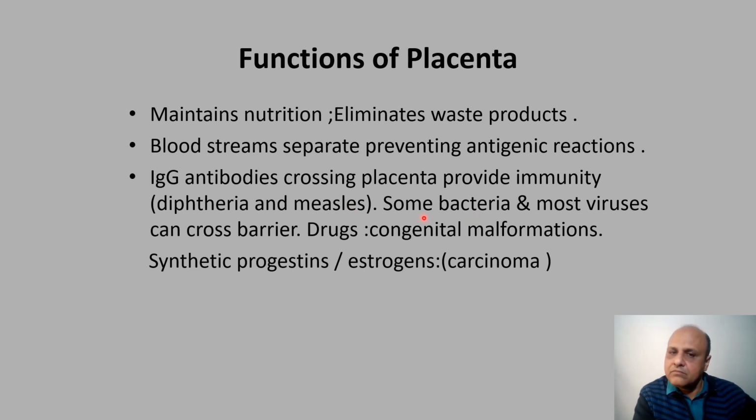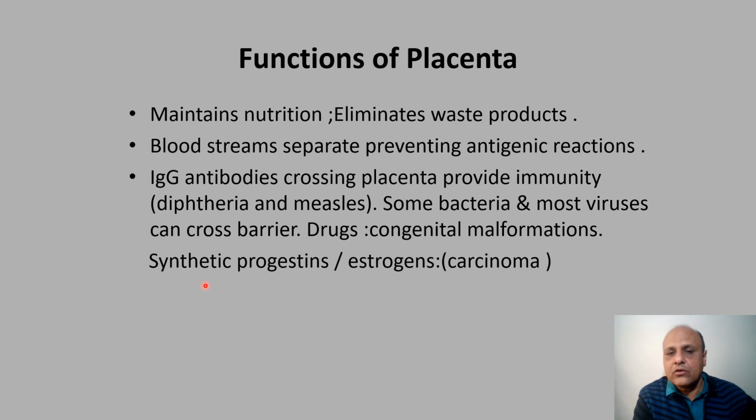But some bacteria and most viruses can cross the placental barrier. Drugs can cross the placental barrier, causing congenital malformations. So a pregnant lady has to be careful about the medicines she takes, and she should not take any medicine unless the doctor allows her to take those medicines.